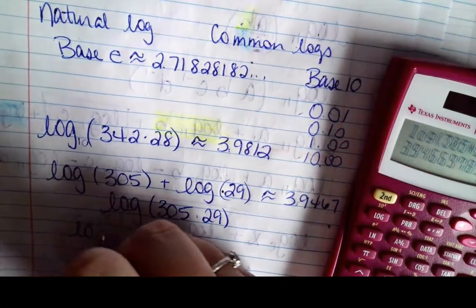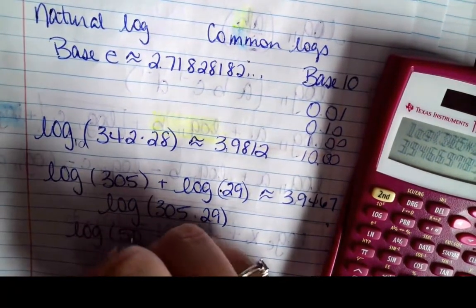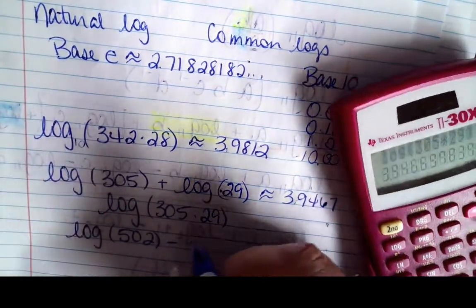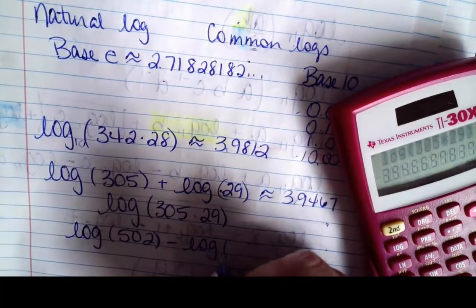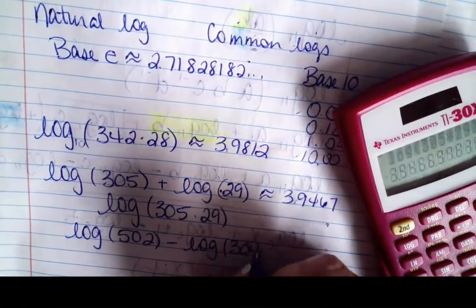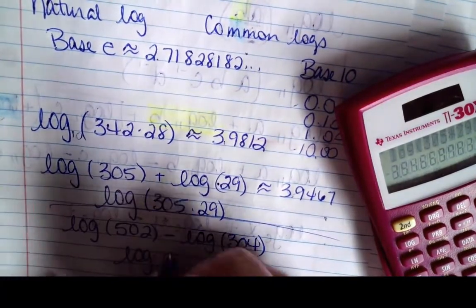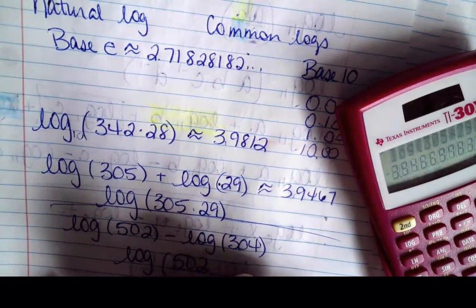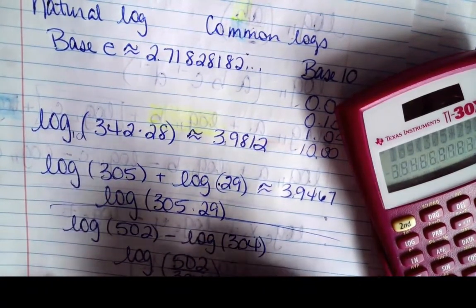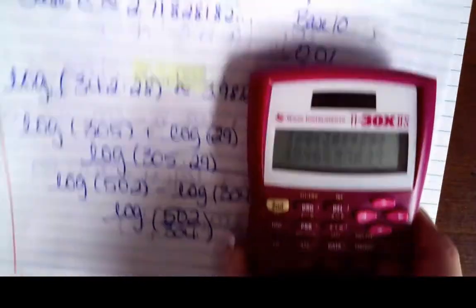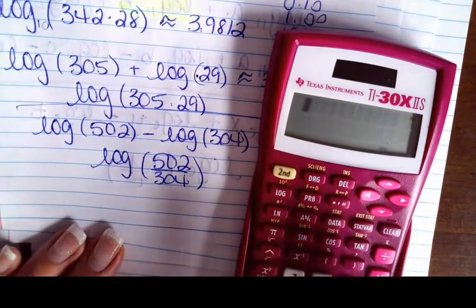I've got the common log of 502 minus the common log of 304. What is my answer? I could also write that as the common log of 502 over 304, using properties of logarithms. So what do I get first?